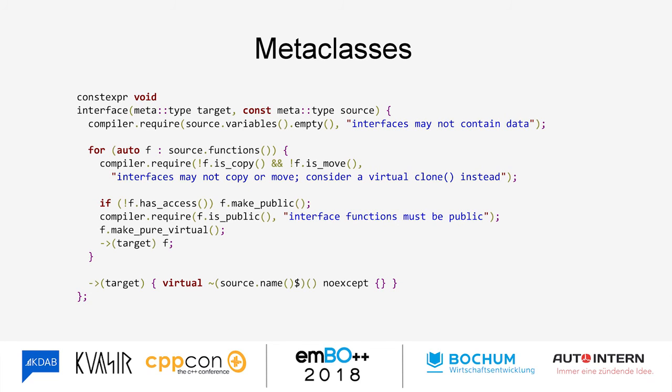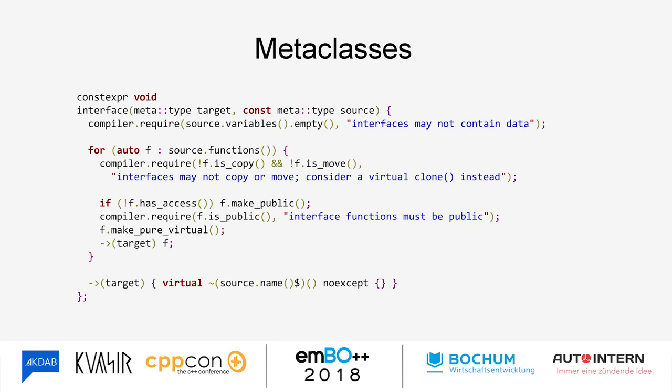So if our source list of variables is not empty, i.e. we've declared some member data in our class, then we're going to get a compiler error, and it will say, oh well, you're trying to define an interface, and interfaces may not contain data. So we get a nice diagnostic as to what went wrong.